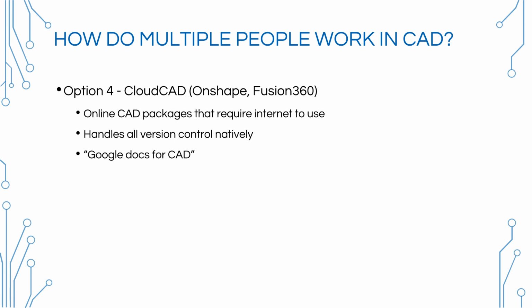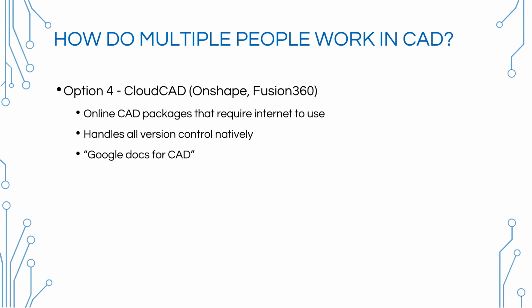The application lets your computer do the heavy work, and then all the information is synced with Autodesk's servers, so someone can pull up the information from another computer as well.